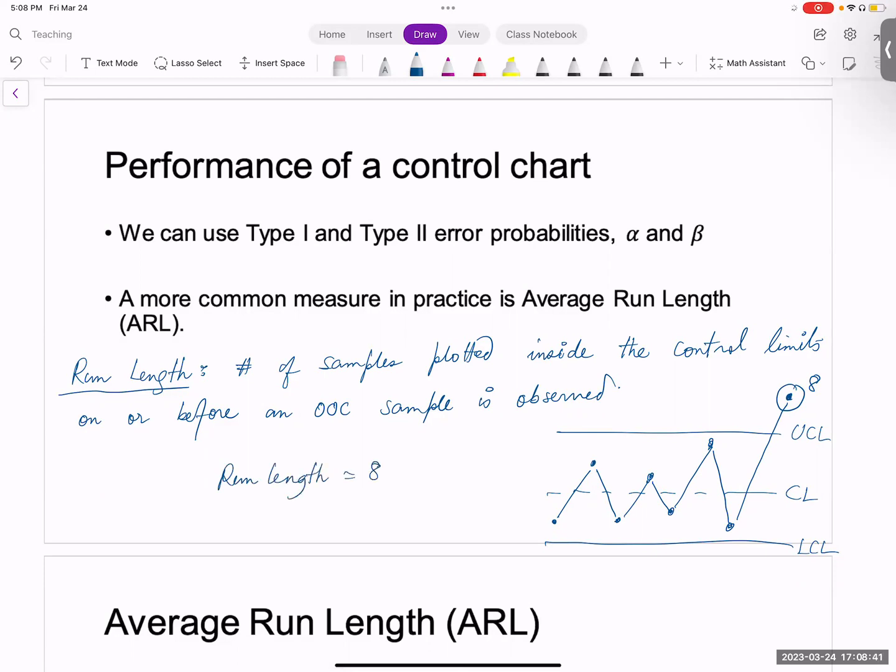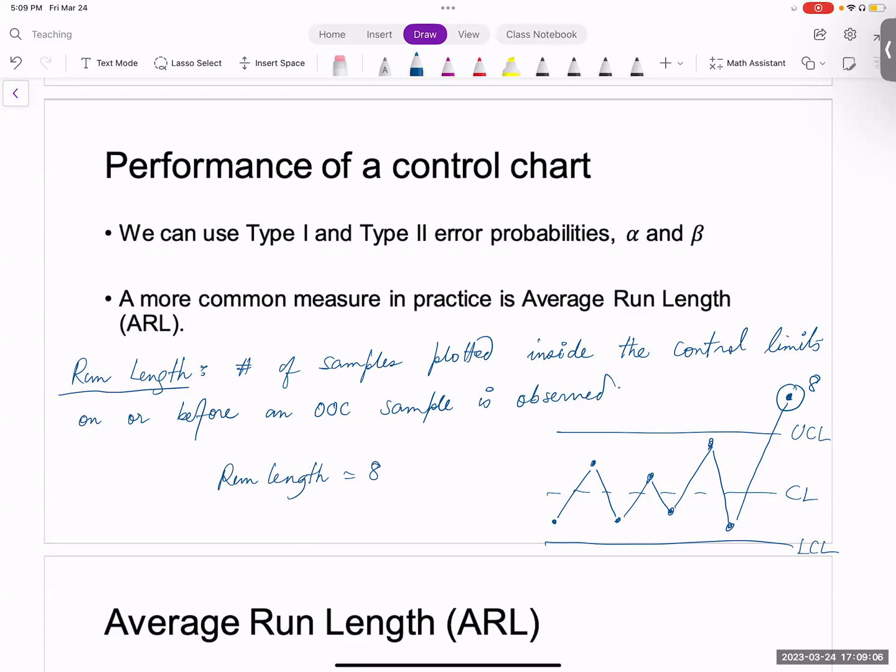Now, problem with run length is that it's a random variable. Every single time you start monitoring a process, the first out of control sample will be plotted at a different time. Maybe sometimes it might be plotted on the 100th sample. Maybe it will be plotted in the second sample or the third sample or 1,000 samples, right?